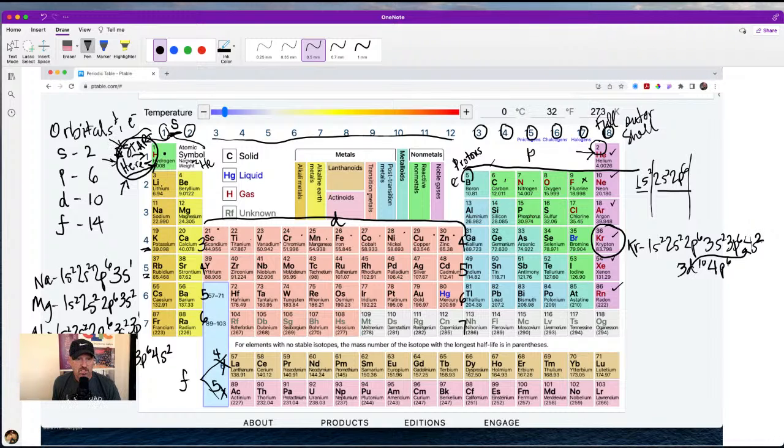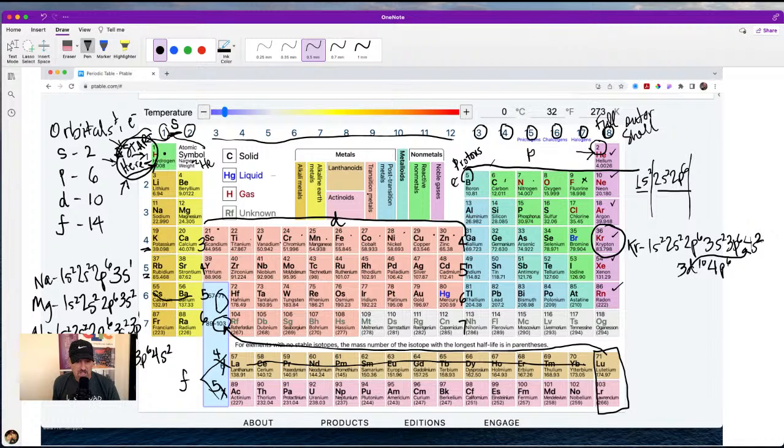Now, 1s2, 2s2, 2p6, 3s2, 3p6, 4s2, 3d10, 4p6, 5s2, 4d10, 5p6, 6s2, then drop down 4f14, and that gets me to here. These two are actually part of the d orbital. These actually go right up here. So this is 103 and this is 71.